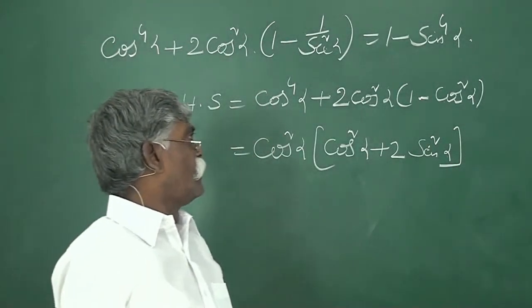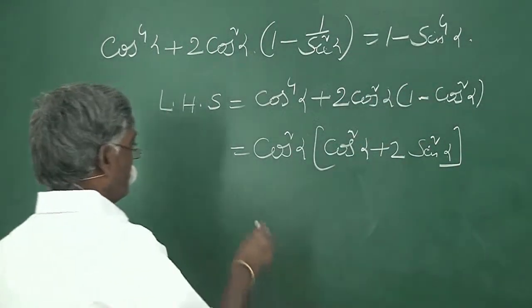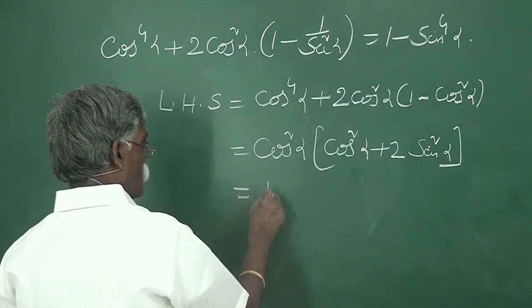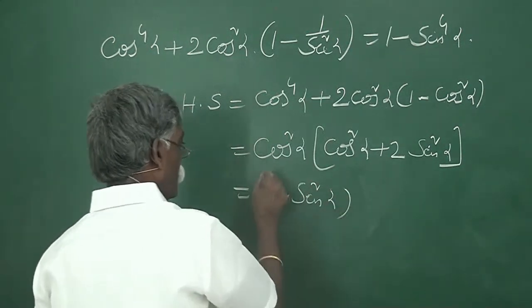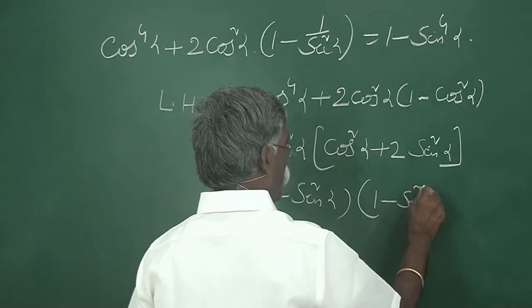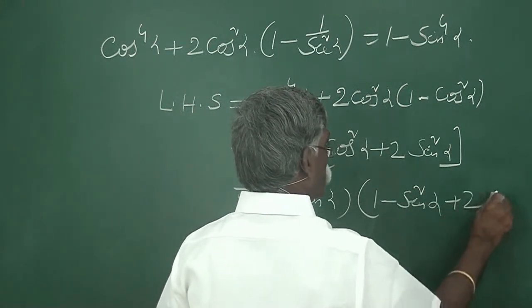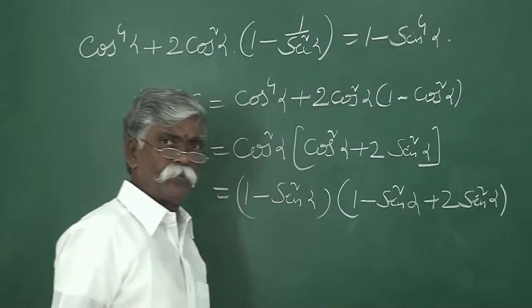Now the answer is expressed completely in terms of sin. Therefore we will write this cos square alpha as 1 minus sin square alpha. This also 1 minus sin square alpha plus 2 sin square alpha.